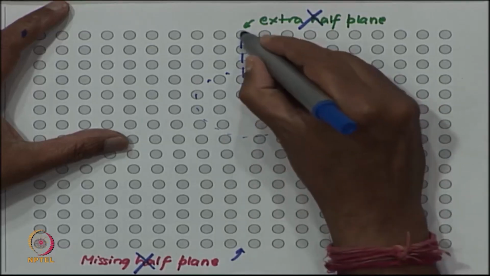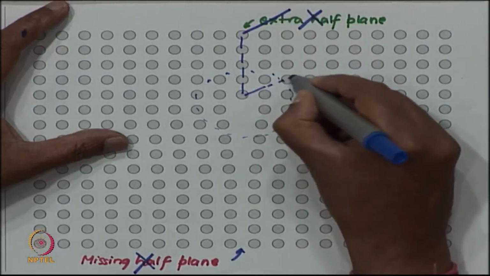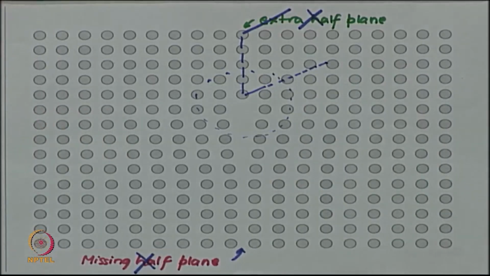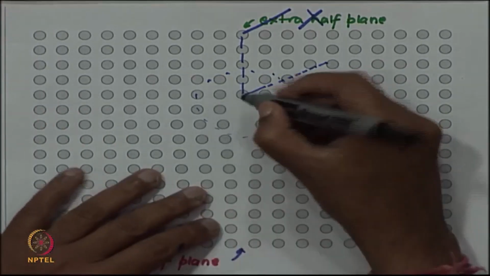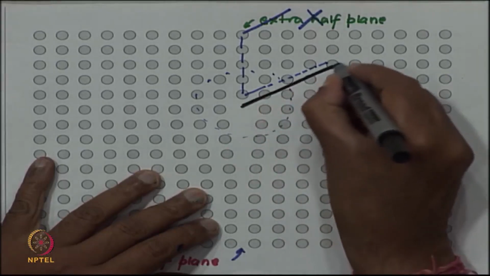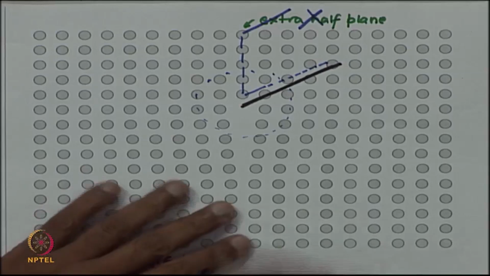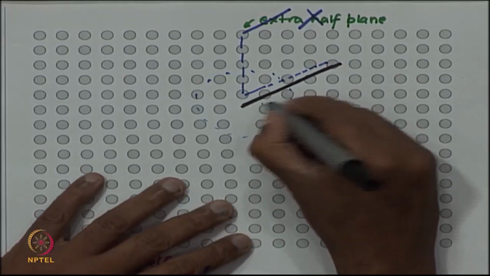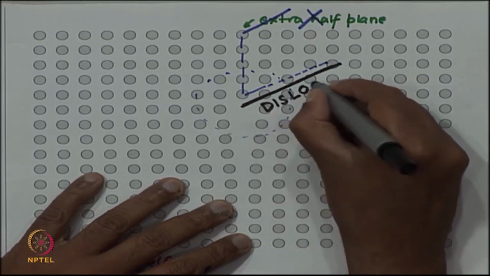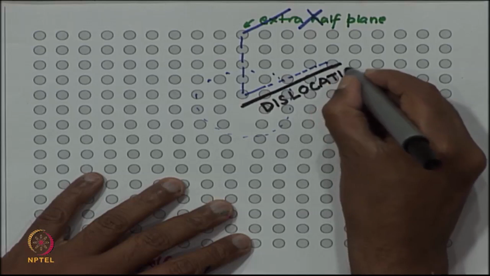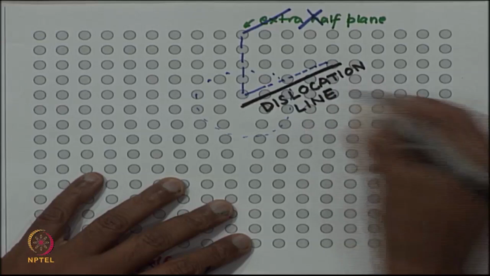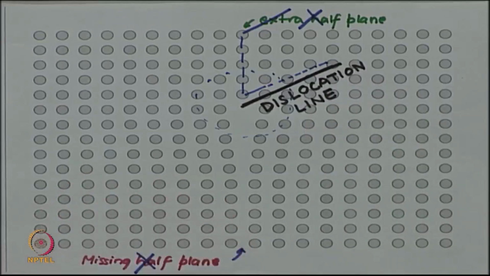If I try to complete this plane in 3D, into the page of the paper, this bottom edge, if I draw a line close to this bottom edge, this line is the dislocation or the defect line. So, defect is concentrated here and this is a dislocation line.